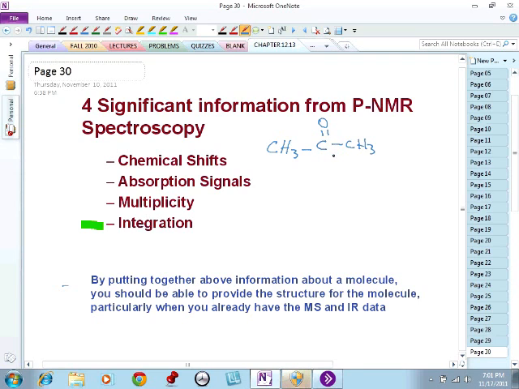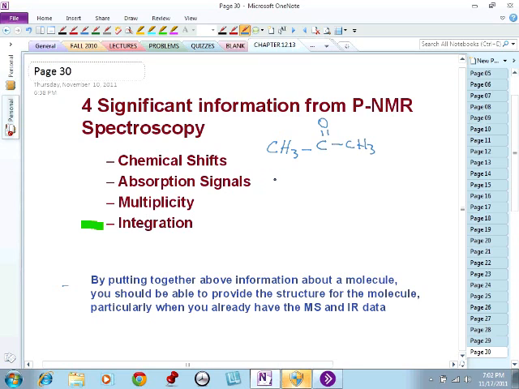What will it be? I will give you the chemical shift. The chemical shift of hydrogens of a methyl group attached to a carbonyl is somewhere between 1.8 and 2.5 parts per million. That much you know now, right? So I ask you to give me the proton NMR data for this.